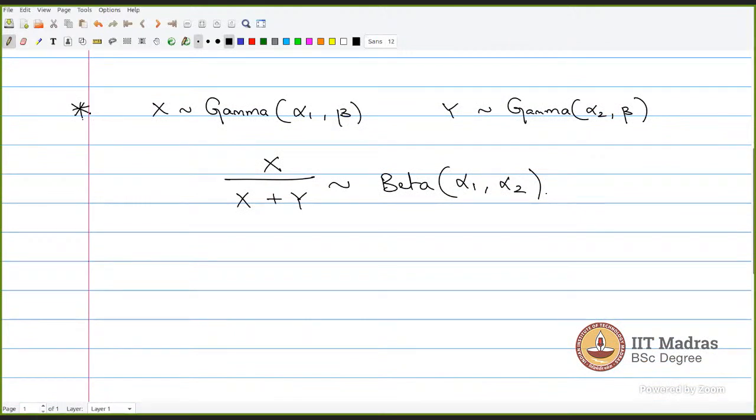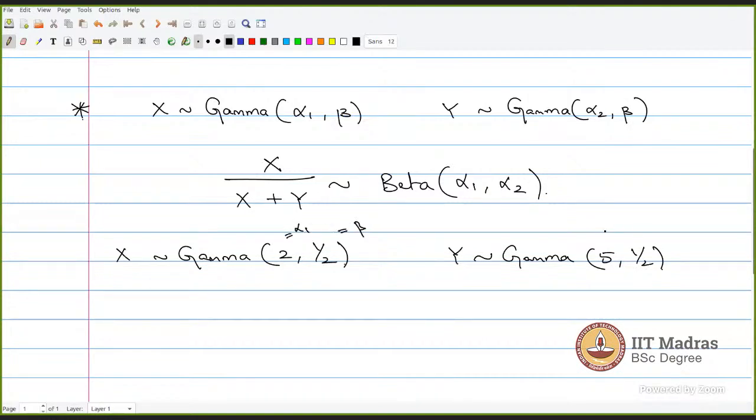Now we have given you two distributions, with values of alpha 1, alpha 2 and beta given to you. It said that x follows Gamma(2, half) and y follows Gamma(5, half). From this you can see alpha 1 is 2, beta is half, alpha 2 is 5.